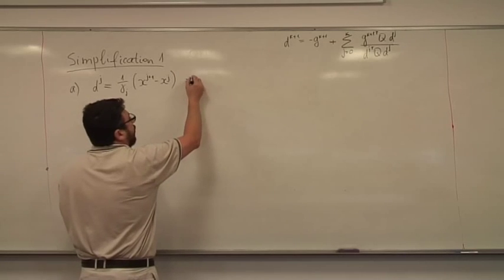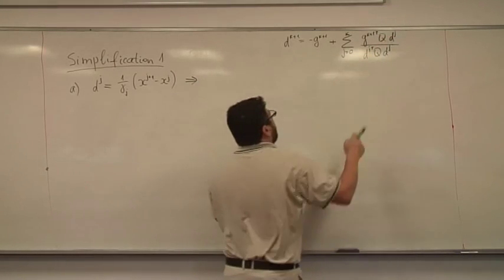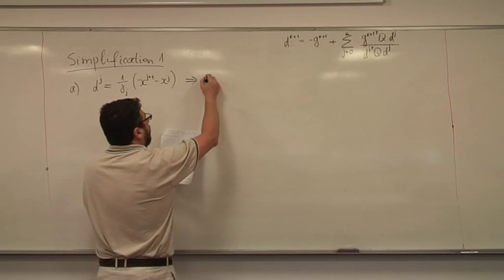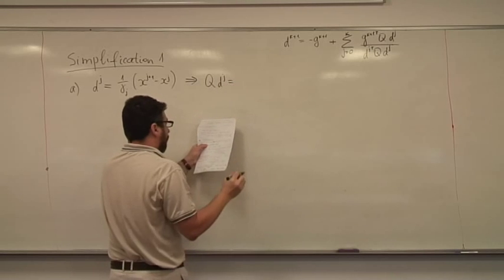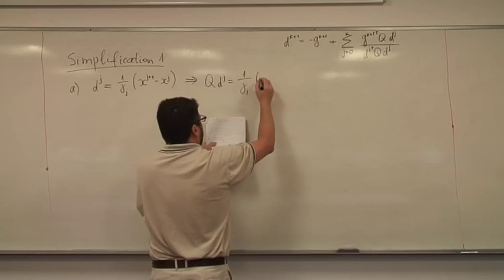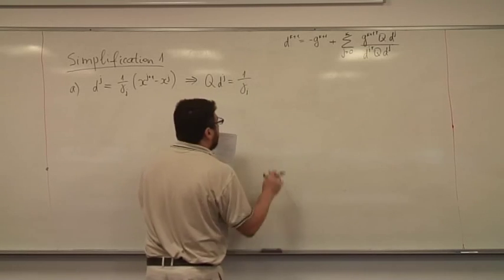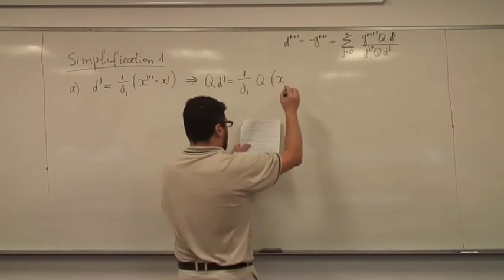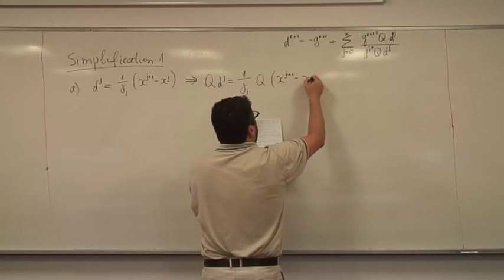And therefore, the term Q dj, which we use in the numerator and in the denominator, I rewrite as 1 over gamma j, Q, (x j plus 1 minus xj).